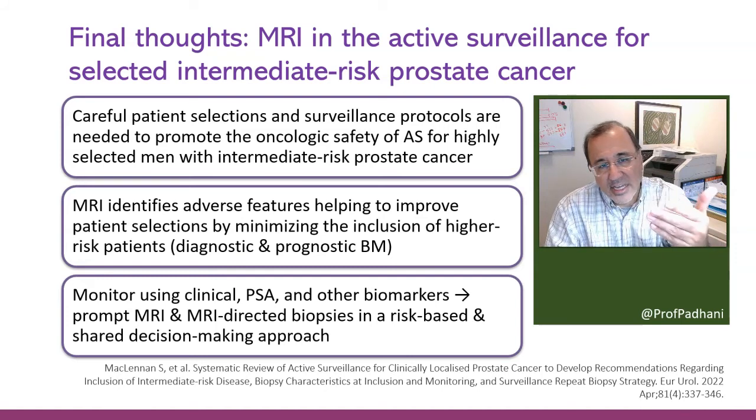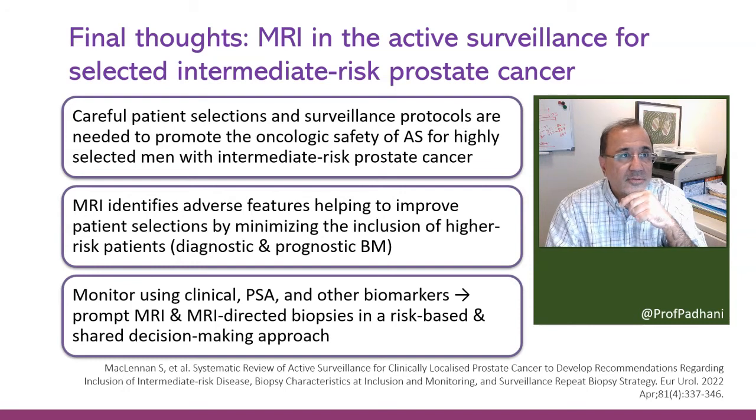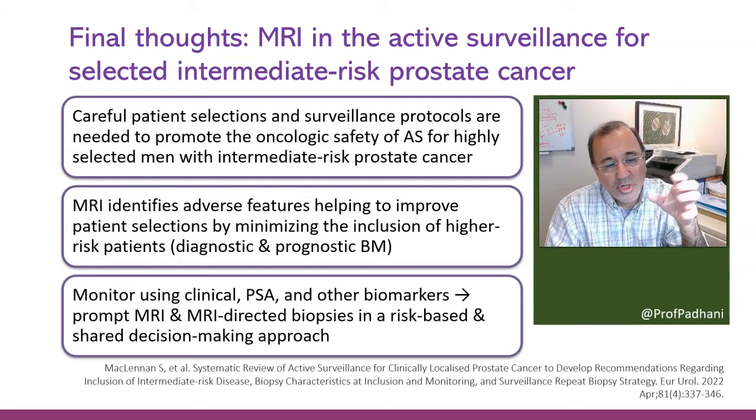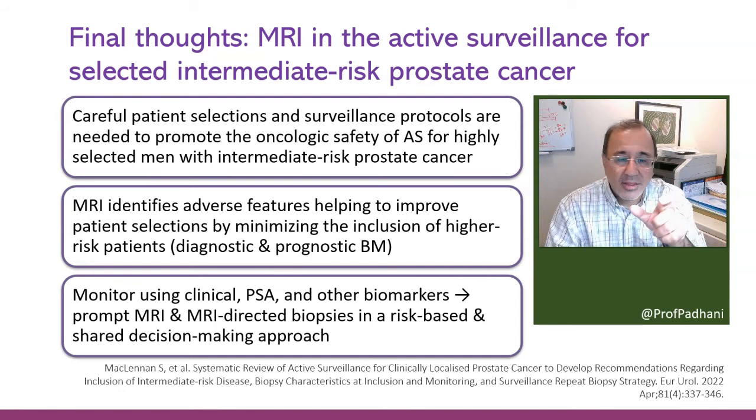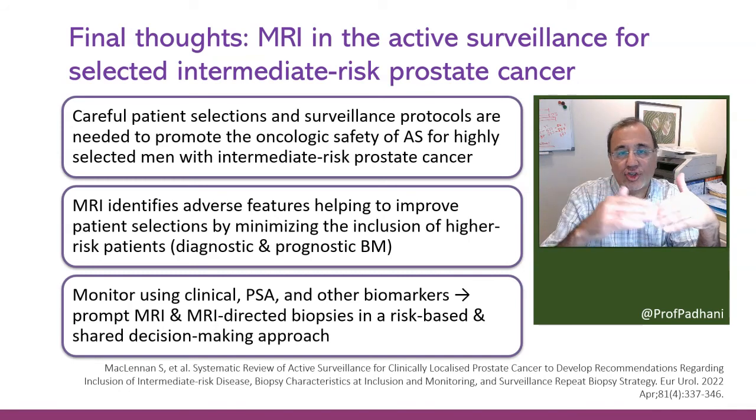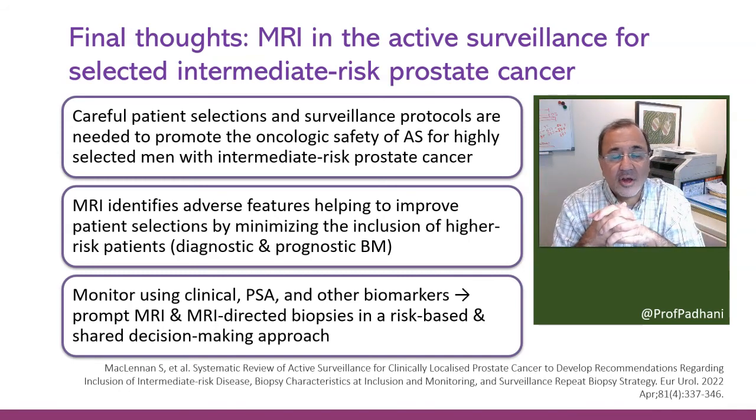So it's acting as a diagnostic and a prognostic biomarker. Regarding its monitoring ability, MRI should be used with PSA and other biomarkers, and that should promote an MRI and an MRI directed biopsy in a risk-based and shared approach. You really shouldn't start treatment on the basis of an MRI alone without a resampling biopsy.